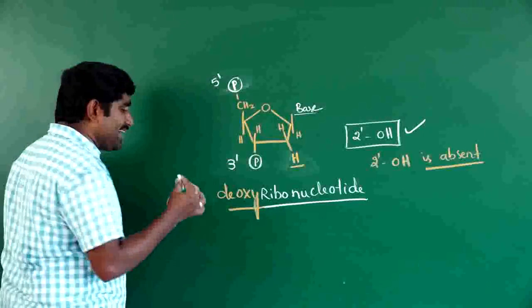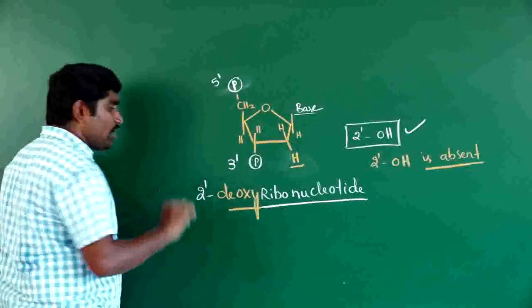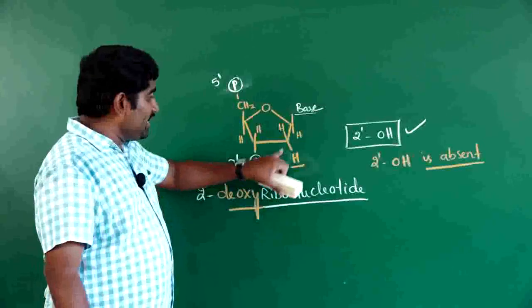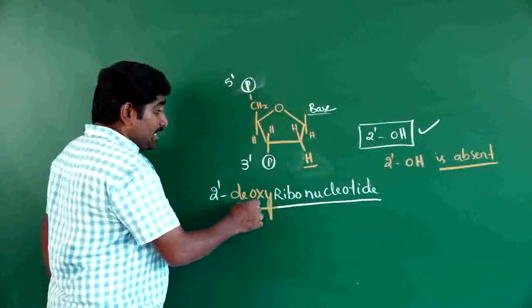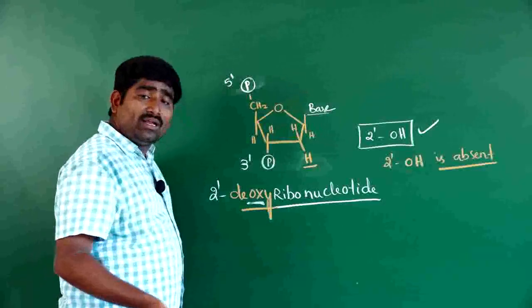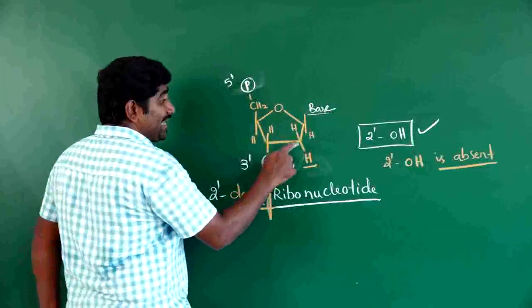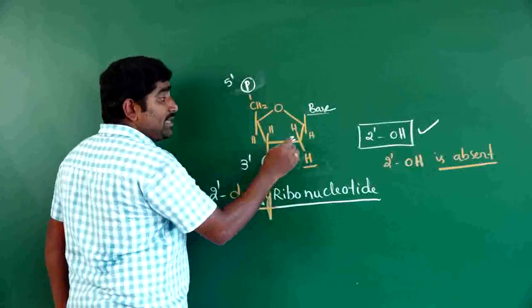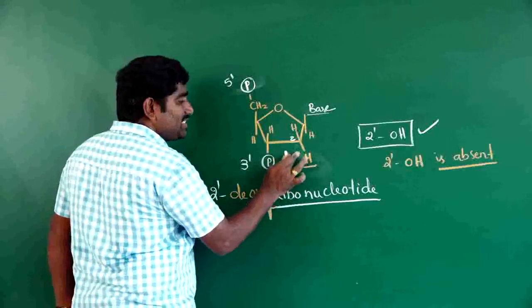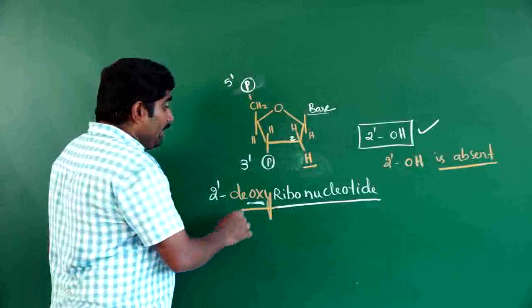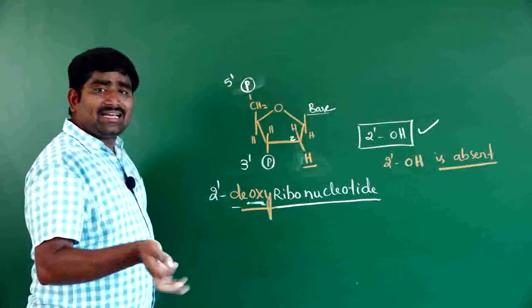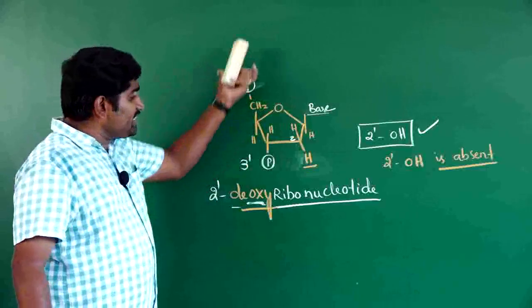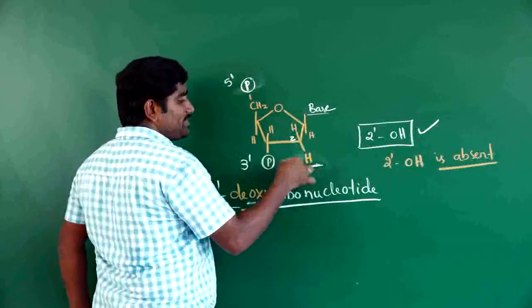More clearly, we can say DNA is made of 2' deoxyribonucleotides, because deoxy means oxygen is removed. In which place is oxygen removed? In the second carbon place. In the place of the second carbon, oxygen is removed, so this is called 2' deoxyribonucleotide. All these types of nucleotides are present in DNA.